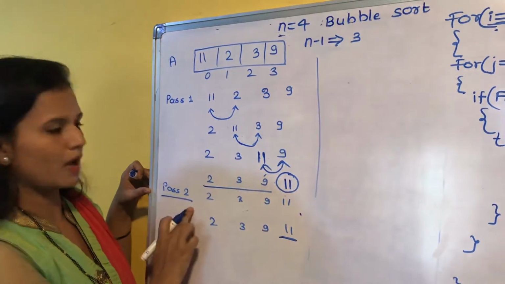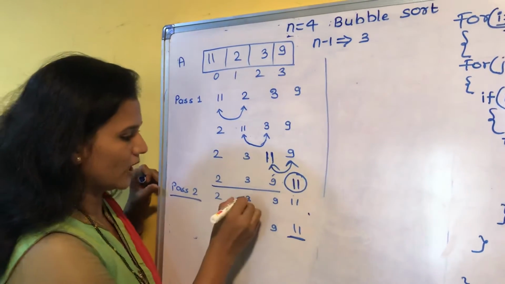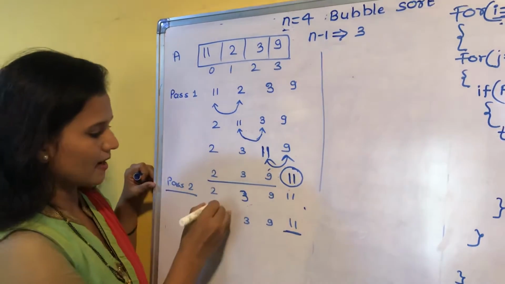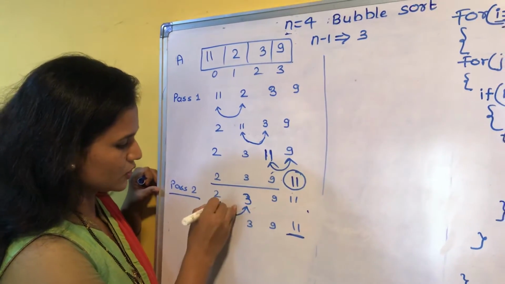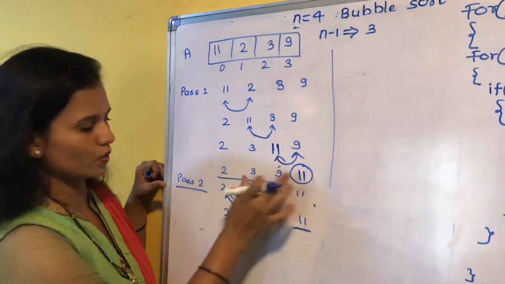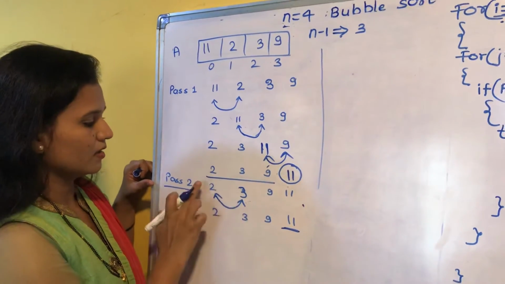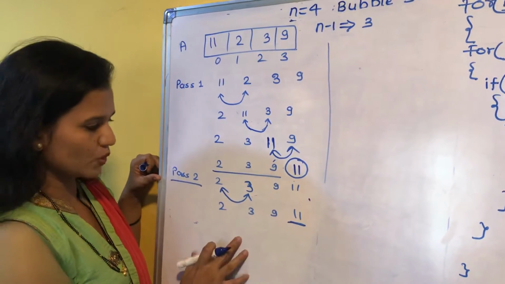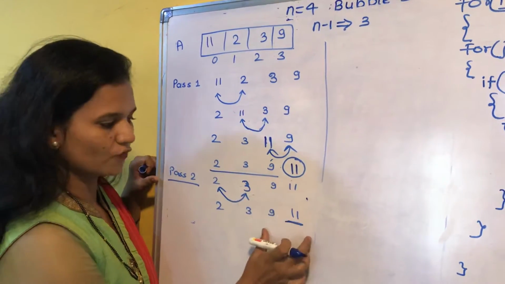For that I have taken pass 2. In pass 2, I have written this array as it is, 2, 3, 9, 11, and I started comparing these two by the same technique. Compare these two elements, they are in the correct order, so no need to swap these two elements, write this element as it is and the rest of the elements as they are.